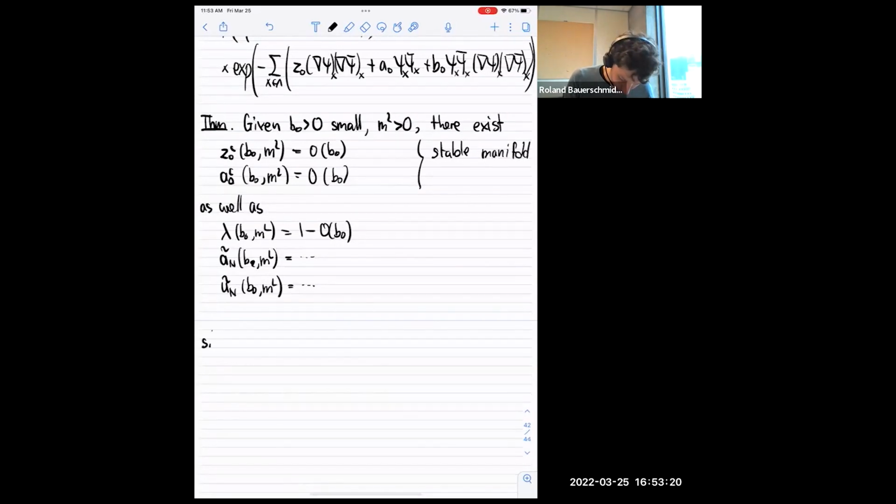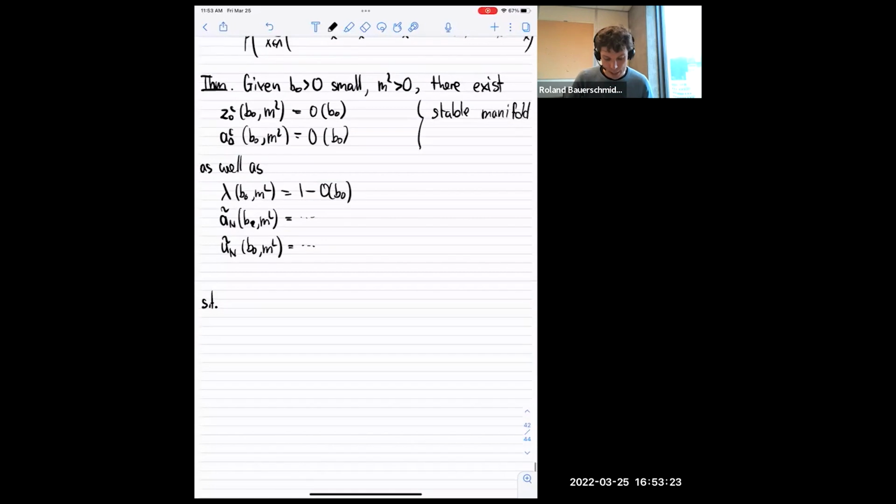What do they satisfy? Well, we can then express the correlation functions in terms of these finitely many functions we construct.